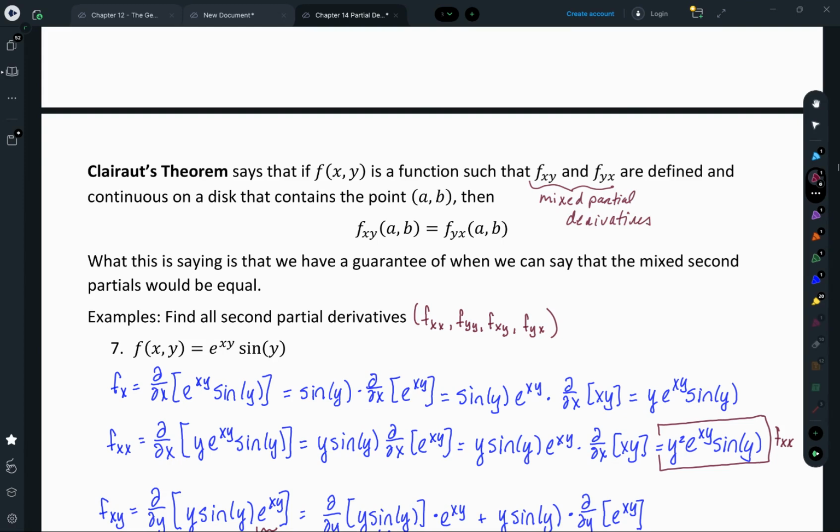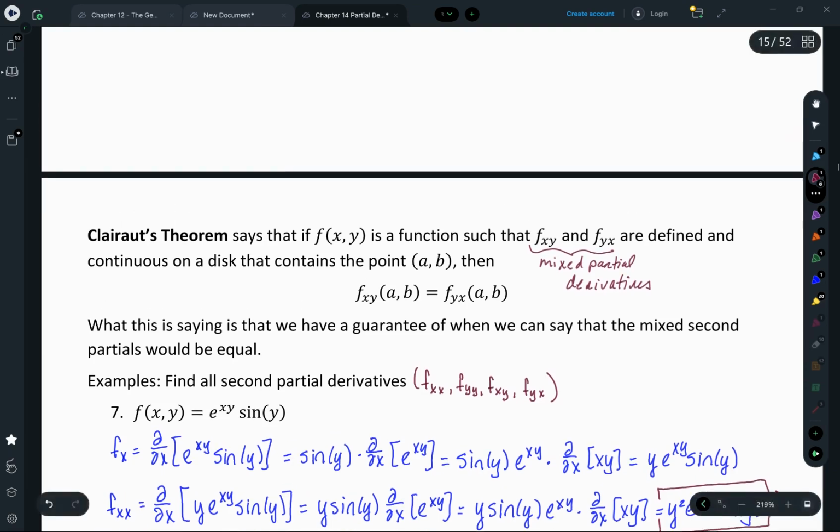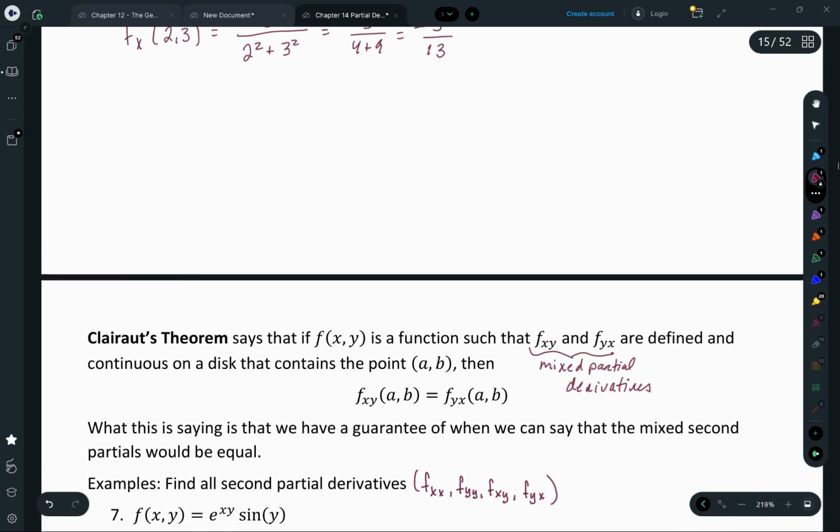Okay, so if these guys are defined and they're continuous on a disk, which a disk just means some region of xy values that contain a particular point AB, then the statement here says f sub xy of AB will equal f sub yx of AB. And so we're going to use that to our advantage to kind of check our mixed partials. And you'll have to use it sometimes in the homework to prove Clairaut's theorem.